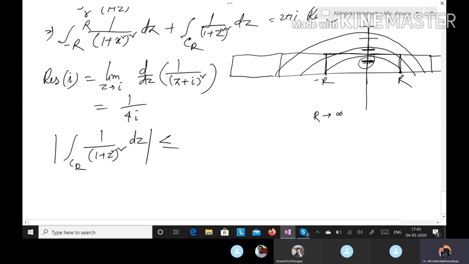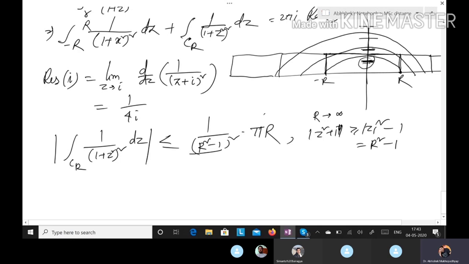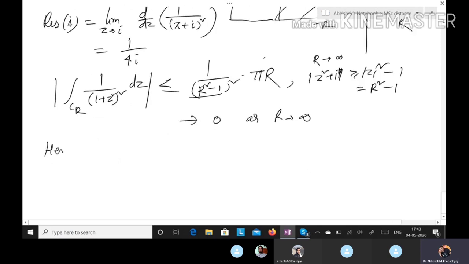This will be less than or equal to 1 by (R square minus 1) squared times the modulus of the integral of dz over C_R, that is the length of the semicircle, which is pi R. And this is due to the modulus of z square plus 1 being greater than or equal to modulus z square minus 1. Now we are doing this integral over the semicircle, so it is R square minus 1. Therefore this will tend to 0 as R tends to infinity.